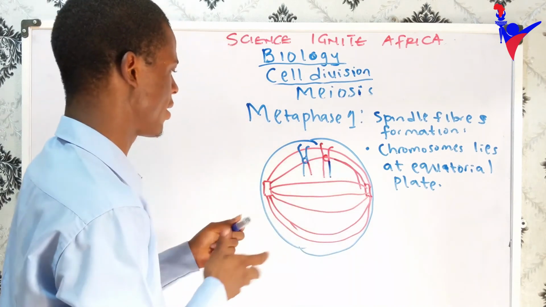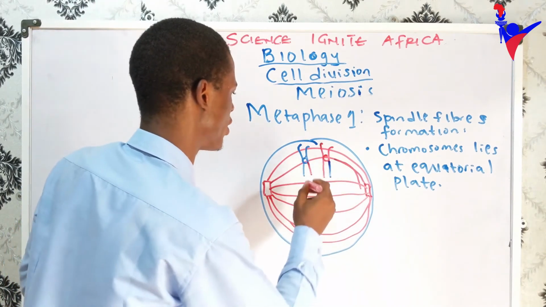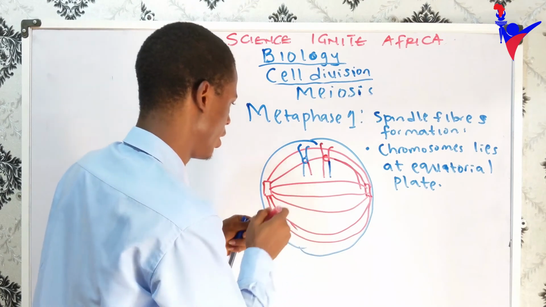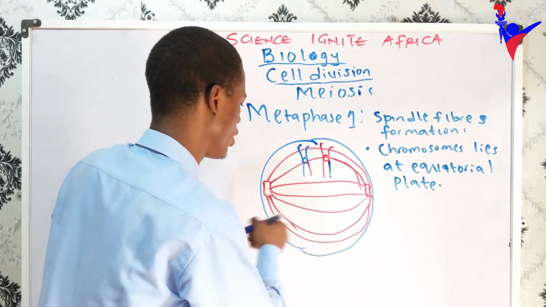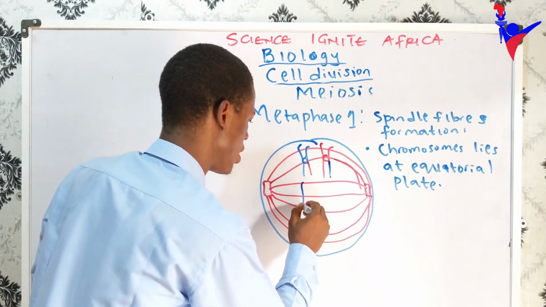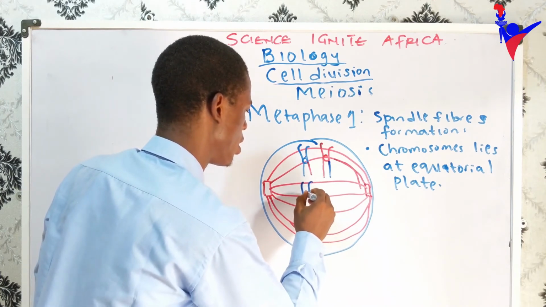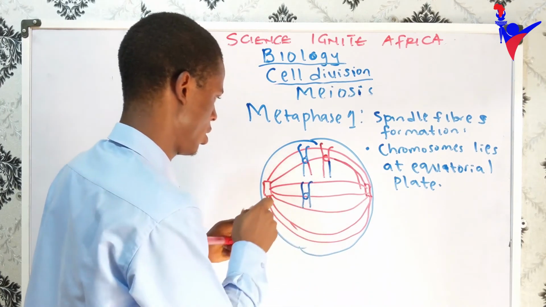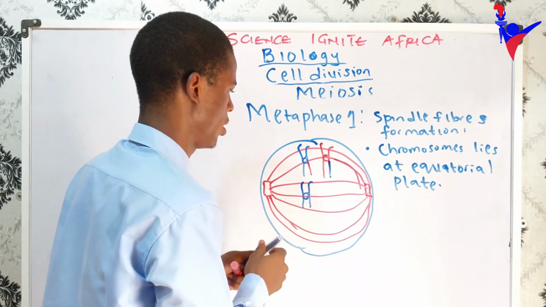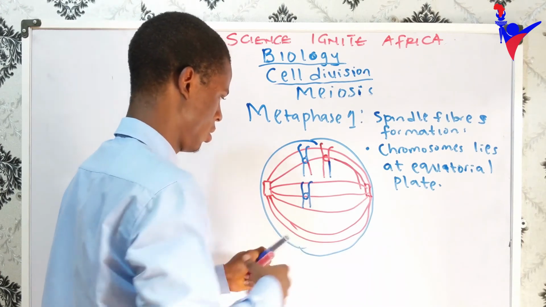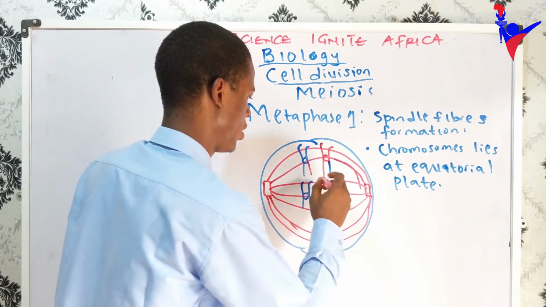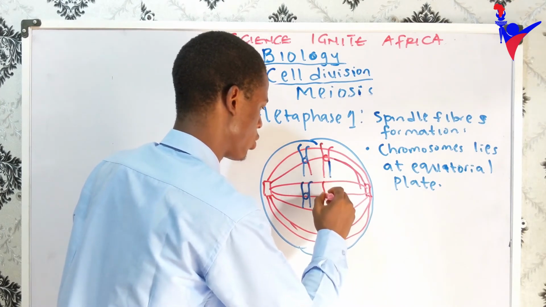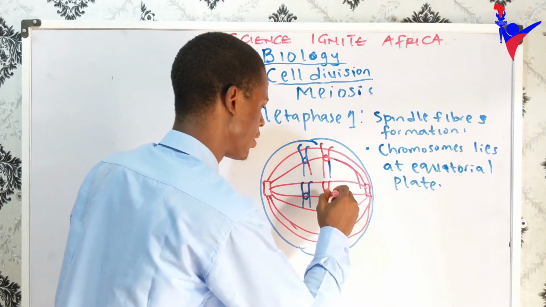You can see that the chromosomes lie on the equatorial plate, ready to separate.